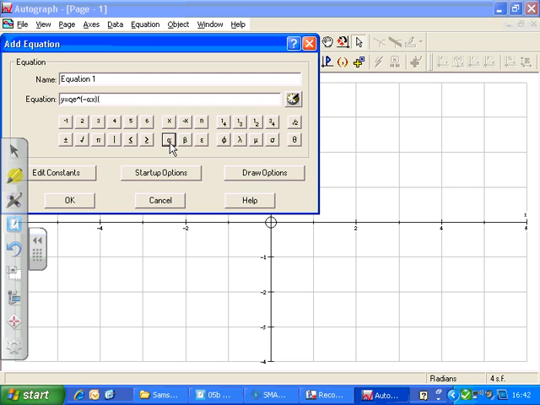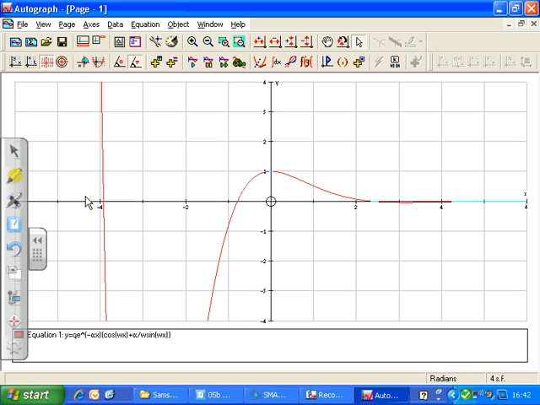Then brackets, cos omega t: cos w for omega, x for t, plus alpha divided by w for omega, sine w x, close bracket. Just to make sure it knows that it's the cosine of the whole of that omega x, put a bracket round it, and the sine of that whole omega x, put a bracket round it, and then hit OK, and we get the function.